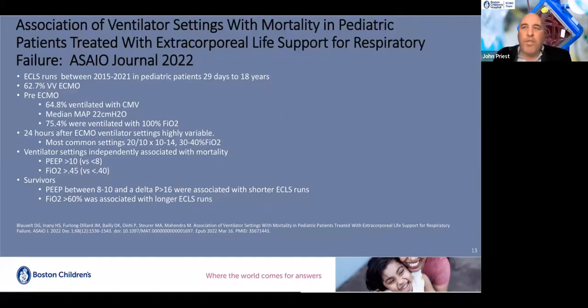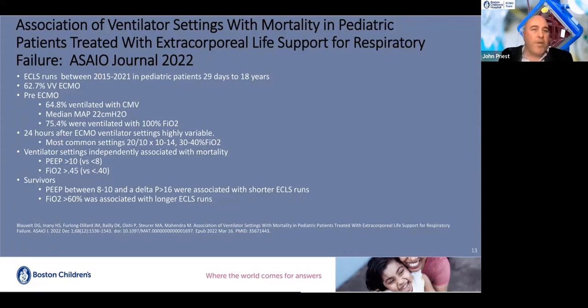So this study, association of ventilator settings with mortality in pediatric patients treated with ECMO for respiratory failure, was published in ASAIO in 2022. And this was looking at ECMO runs from patients 29 days to 18 years. Most of these patients are VV.